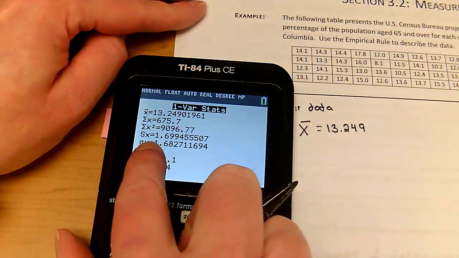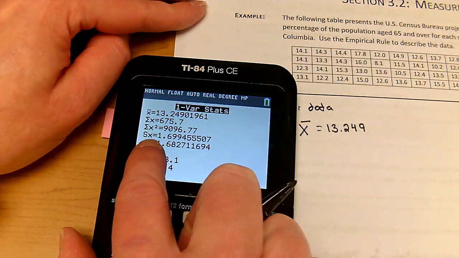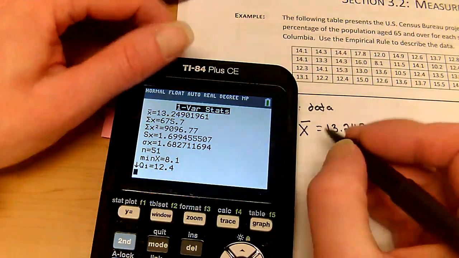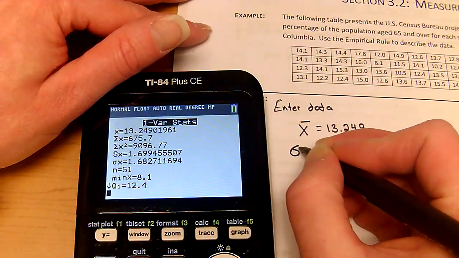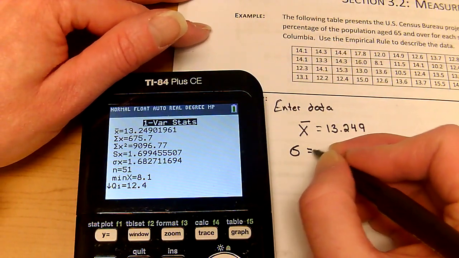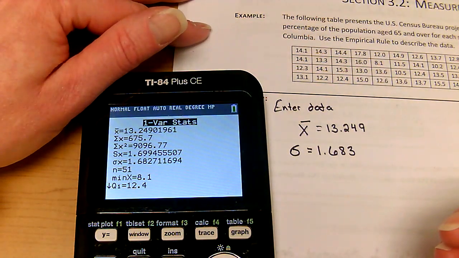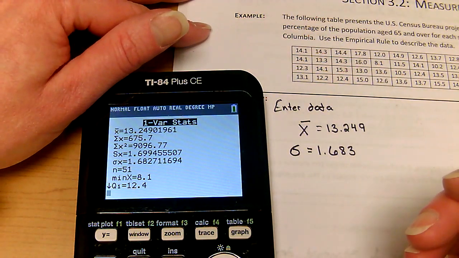And this is the entire population. So this Sx would be the sample standard deviation. And this weird little sigma, I've had some students call it the pregnant 6, is going to be my standard deviation. I'm going to go 3 decimal places: 1.683.